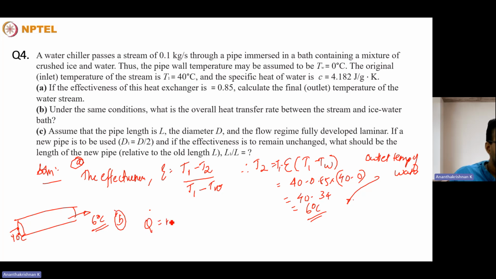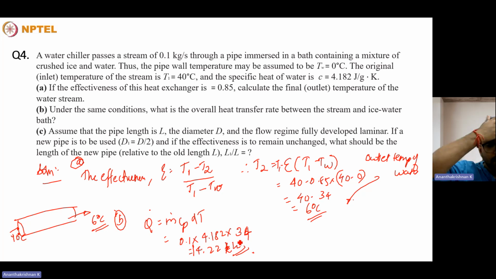So Q is equal to mCp dT. The mass flow rate of the fluid is 0.1 into 4.182 multiplied by the temperature change from 40 minus 6, that is 34 degrees Celsius. 0.1 into 34 into 4.182 will be the heat transfer rate that is expected. That is equal to 14.22 kilowatt.